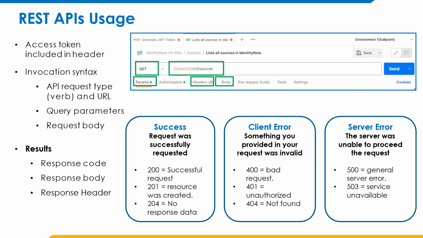In response codes, these are the standard status codes. 200 is used for a successful request. 201 is for a successful request where data was created. 204 is for an empty response.